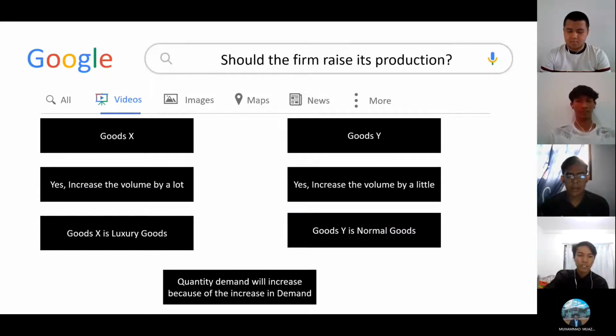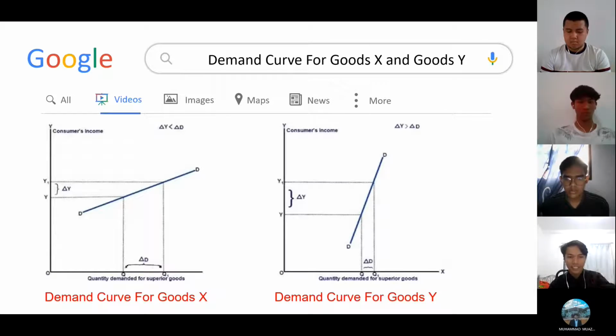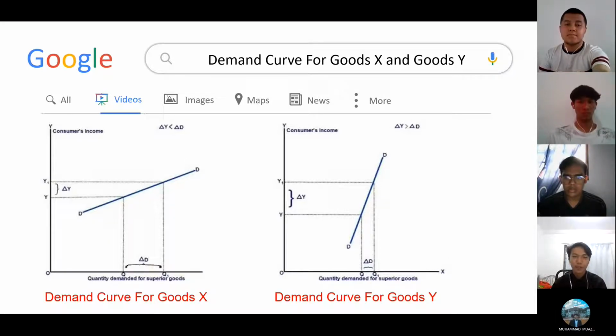So for the B question, first I would say for good X, I would like to suggest that the firm increase the volume by a lot. Why? Because as we can see in the graph, if the income increases just by a bit, the change in quantity demanded will be a lot.